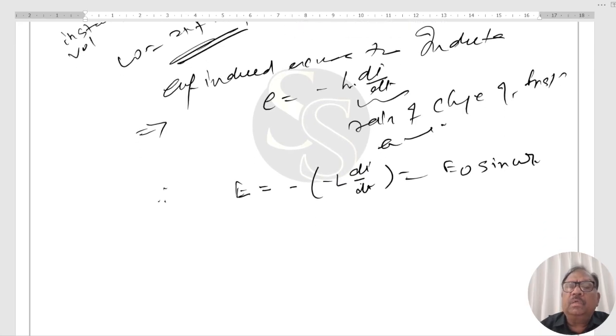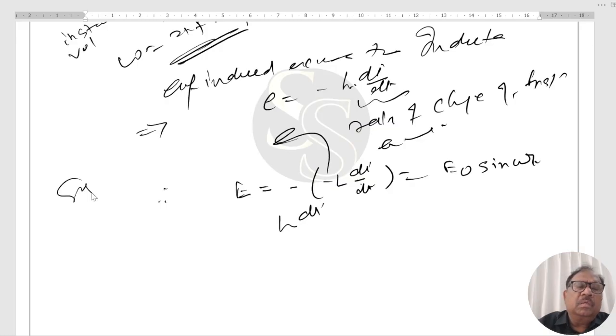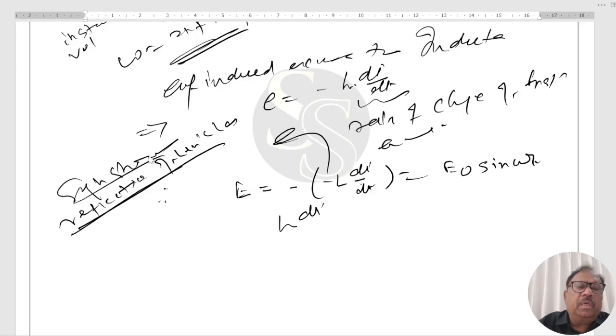This negative sign shows the reflection of Lenz's law, that is, it opposes the very cause producing it. So L di by dt equals E naught sine of omega t.